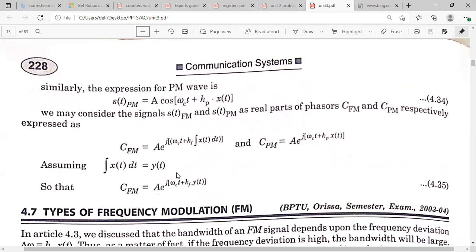This is the standard expression for the FM wave containing only the real part. By using this, you can easily derive the expression for narrow band FM, and also for wide band FM.